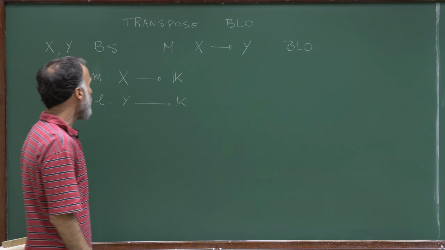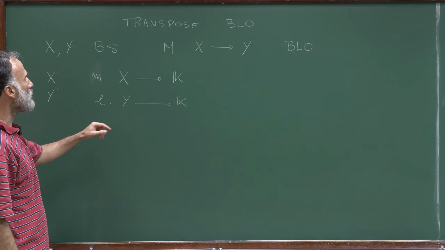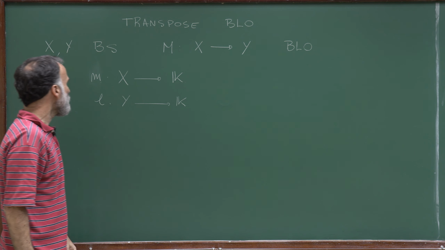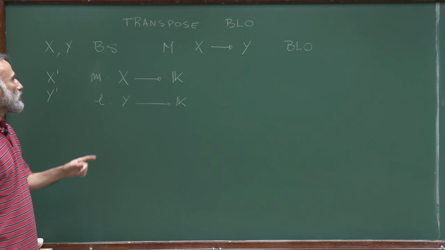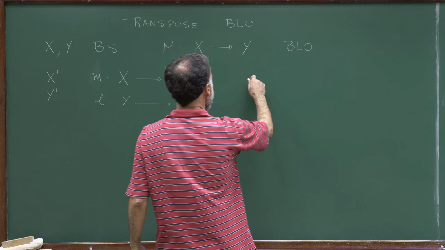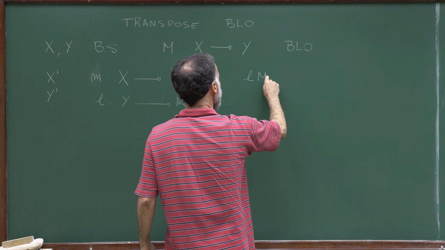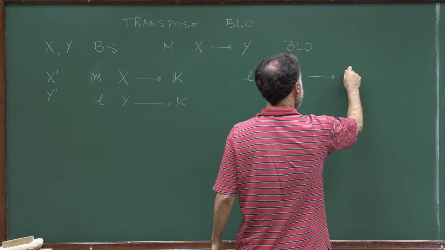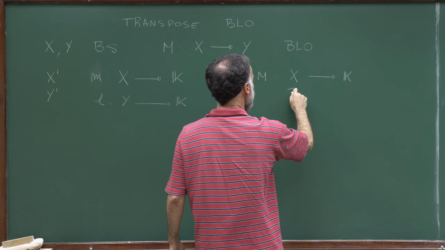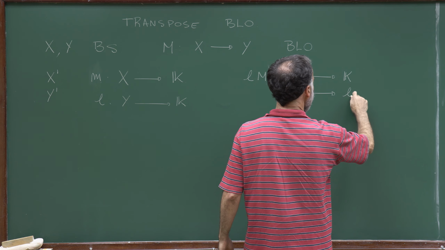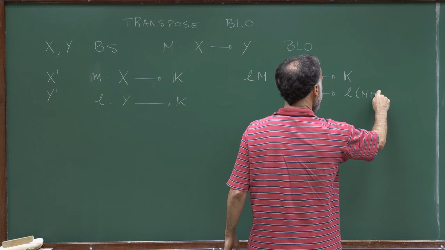Now, you can compose. If you have a bounded linear operator from X to Y, you can compose this bounded linear operator with L to get L∘M, which is now from X to K, which to a point x maps this point to L of M of x.